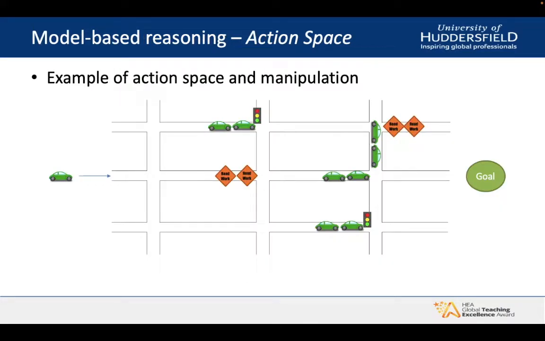So then if we just have a think about the action space, and how we could potentially manipulate what's going on in terms of planning. If we have a very simple example where we have a vehicle aiming to get to a goal over here, and the planning system is basically to optimize the route through the network, and there are some known things going on in the network: roadworks, we've got traffic lights, we've got road congestion. Well, there's a potential here that we can manipulate it to influence which actions are selected, right?